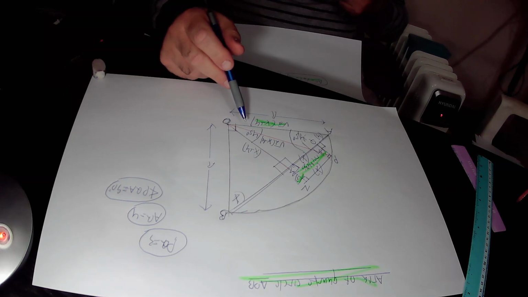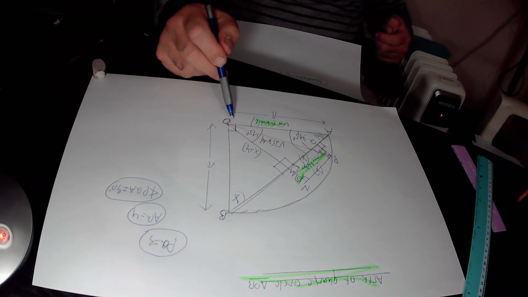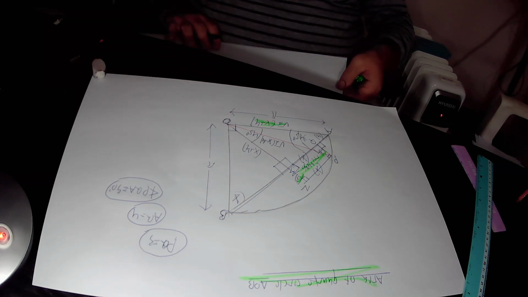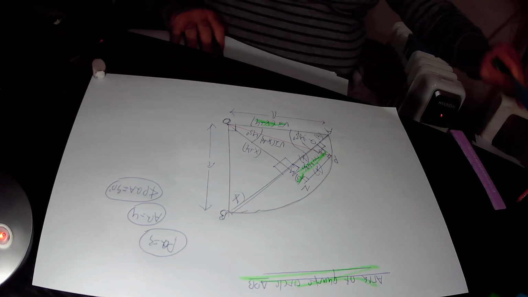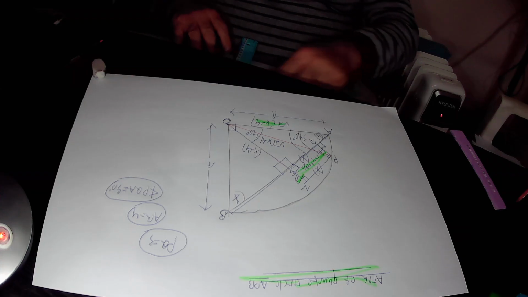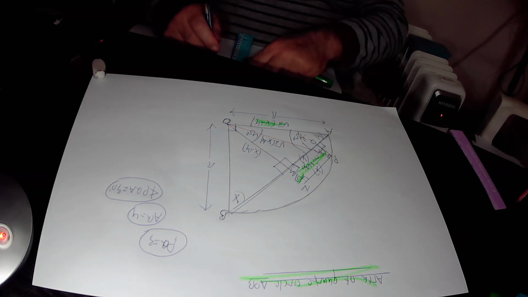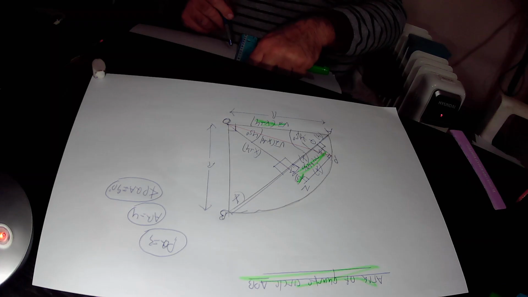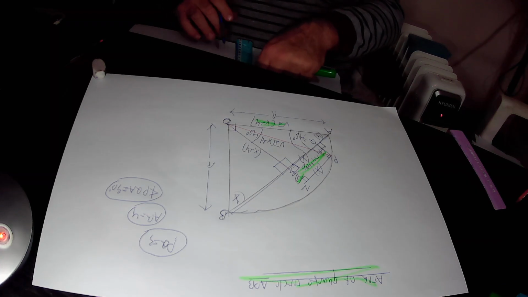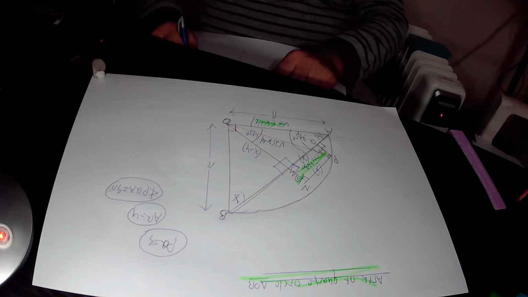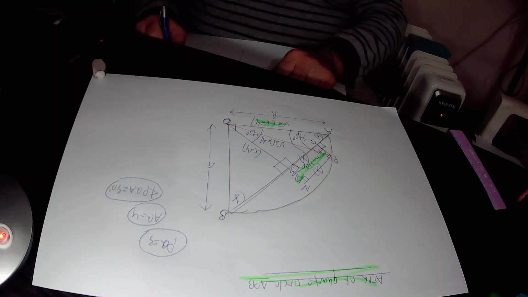So we implement the Pythagoras theorem on this right triangle ONP. Here PT is the abbreviation for Pythagoras theorem.